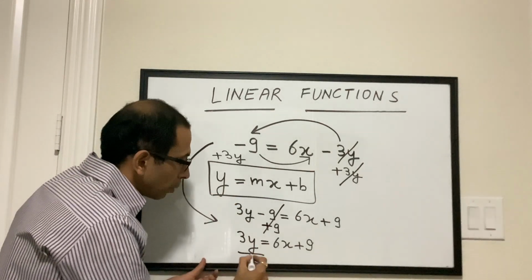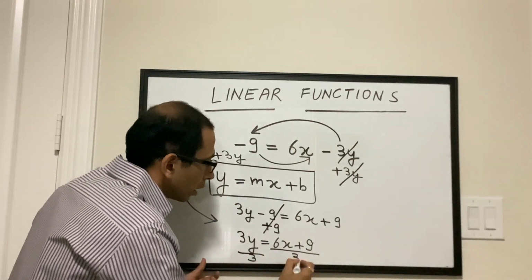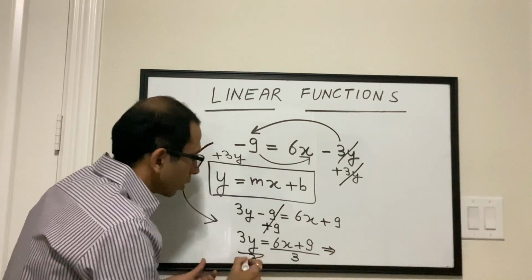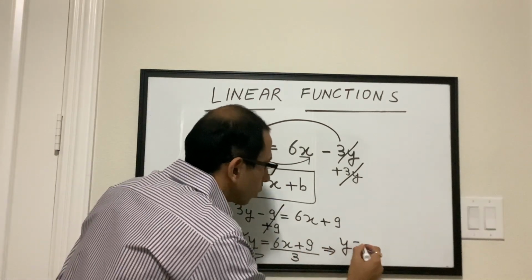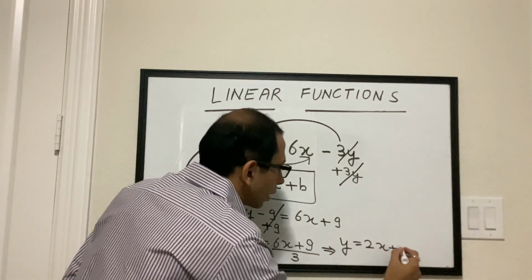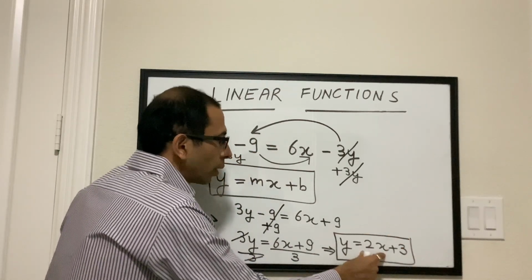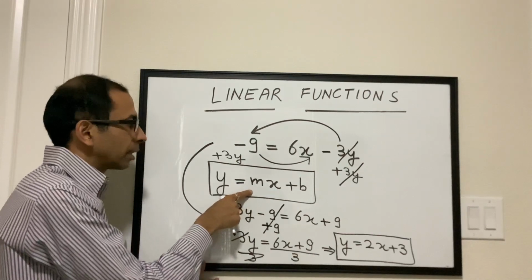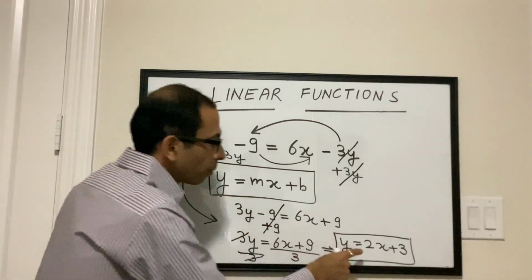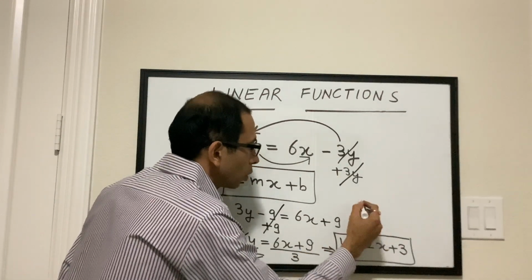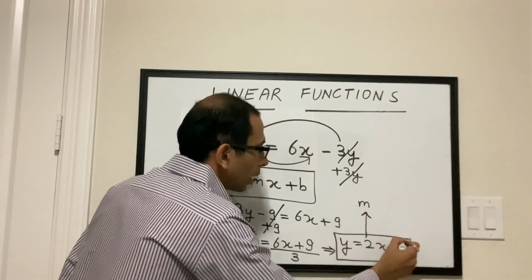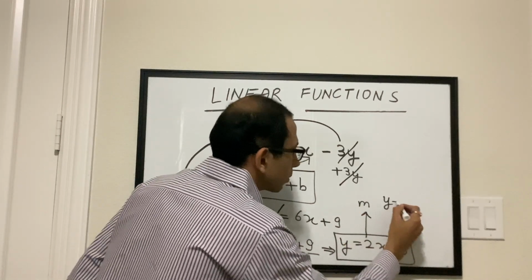So we have to divide both sides by 3, which gives us y = 2x + 3. This is our final form of the equation, which is exactly the replica of our standard form. Hence, this 2 is our slope and this 3 is the y-intercept.